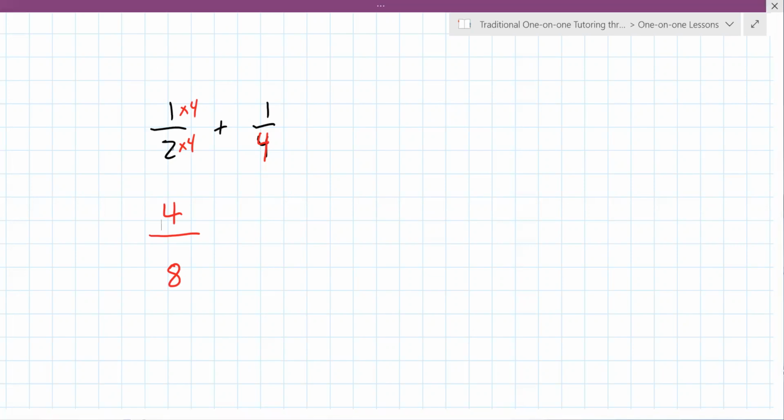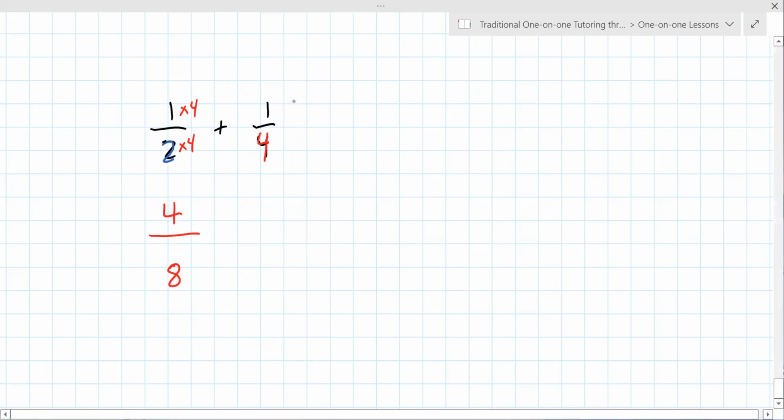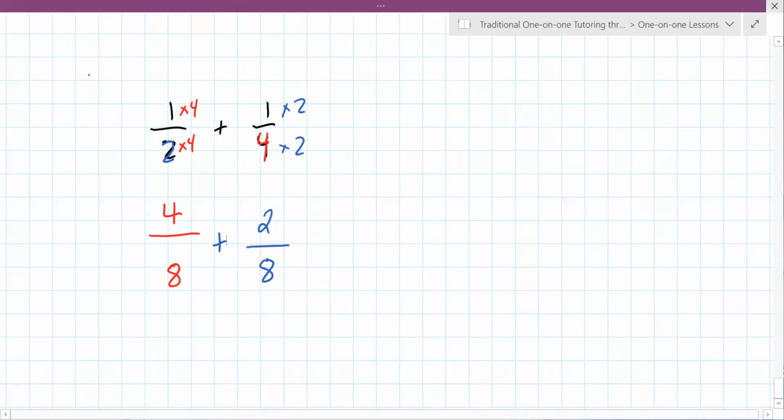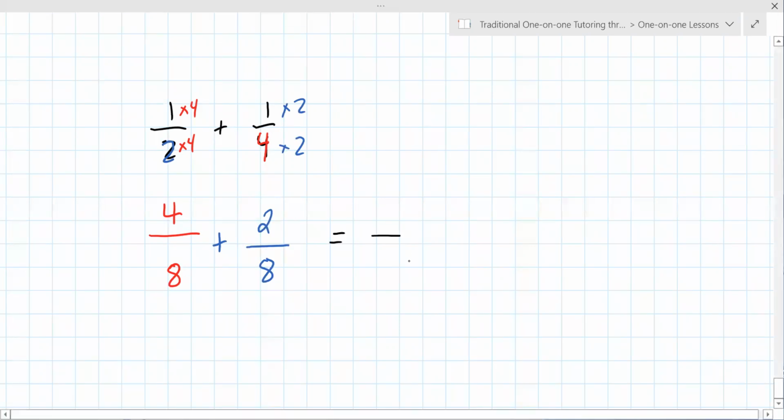Then the 2, you multiply the 1 and the 4 by 2. So that's 2/8. Now you add the tops because the bottoms are the same. You add 4 plus 2, and that becomes 6/8.